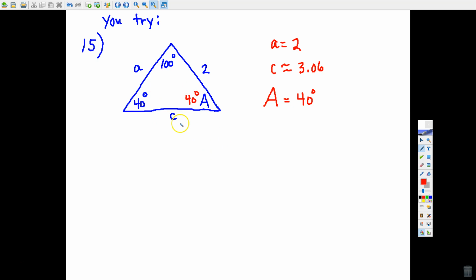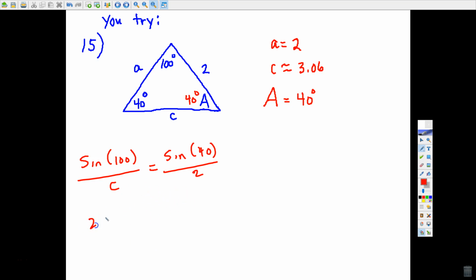So let's see if we can figure out what side C will be. So that will be sine 100 divided by C, angle across from side. And we have to pair this up on the other side of the equation. We have to use an angle and a corresponding side that are given. So it'll be sine 40 divided by 2.